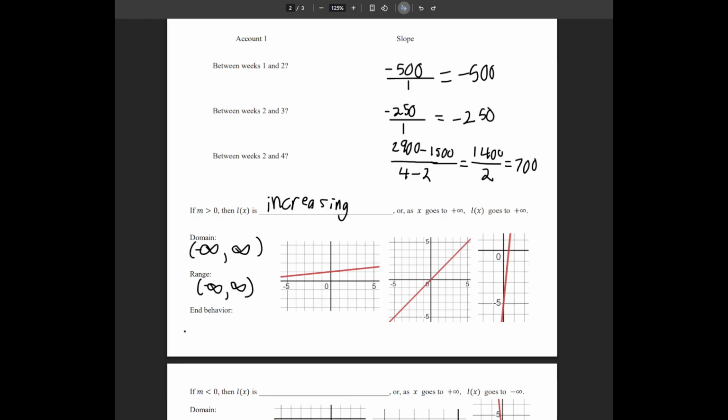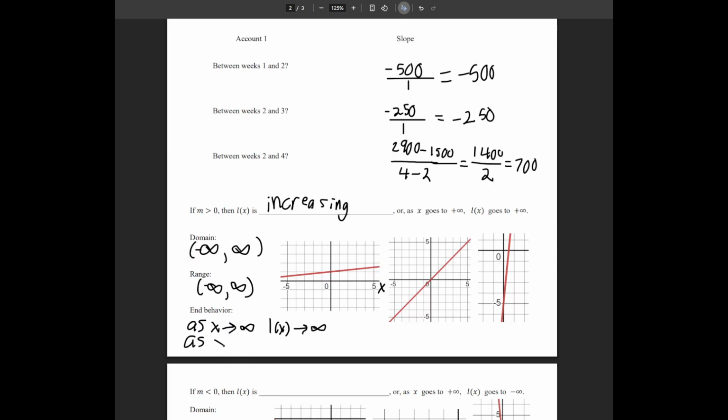Our end behavior, to define each one of these lines: as x approaches infinity, L of x also approaches infinity. What this means is, as your x values go to infinity, y values also go up to infinity.